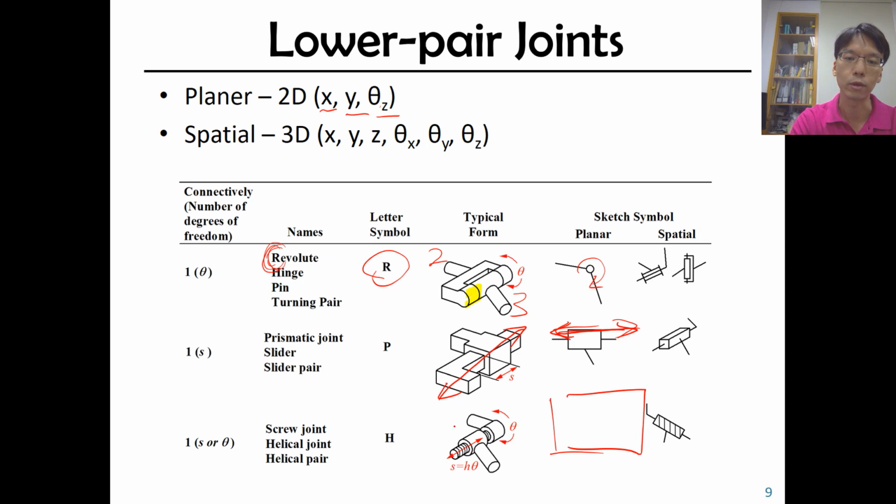When this nut rotates on this screw, it also moves in the axial direction. If you rotate counterclockwise, you move in one direction. If you rotate clockwise, you move in the opposite direction. So when you rotate, you also move.